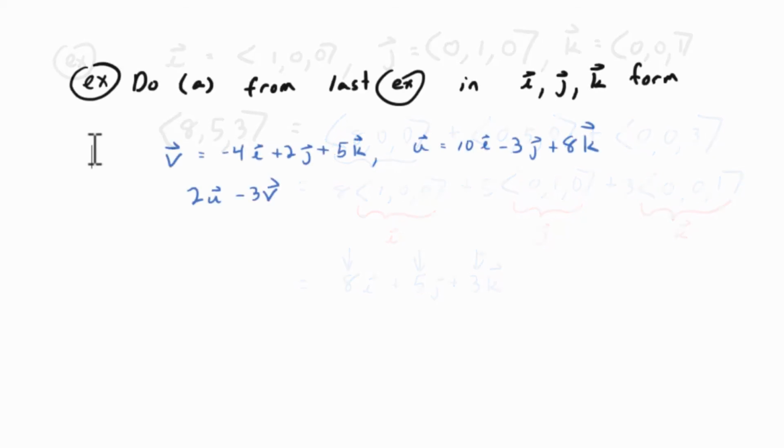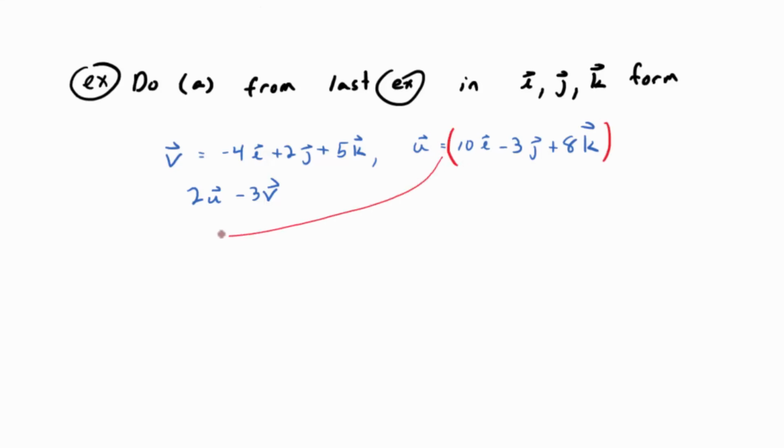So we're gonna do the last example over again, but we're gonna do it in ijk form. So, okay, let's use a sort of substitution. You're gonna go ahead and put 10i minus 3j plus 8k. You're gonna put that right in for u, aren't you? Parentheses around it. And you're going to put v, negative 4i plus 2j plus 5k, right there for v, right?